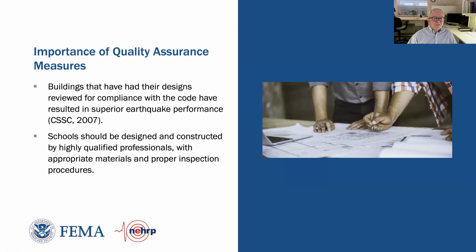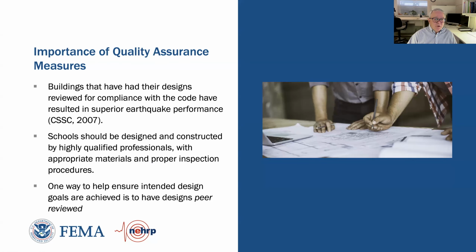Schools should be designed and constructed with highly qualified professionals and with appropriate materials and proper inspection procedures. And then one way to help ensure the intended design goals are achieved is to have what is called a peer review. This is a second set of eyes on the design, which can oftentimes result in a safer building yet.